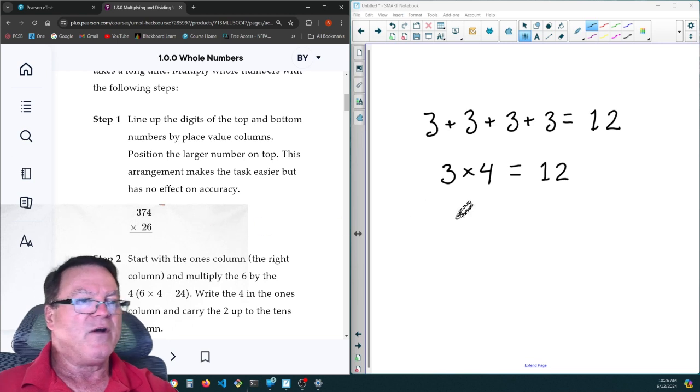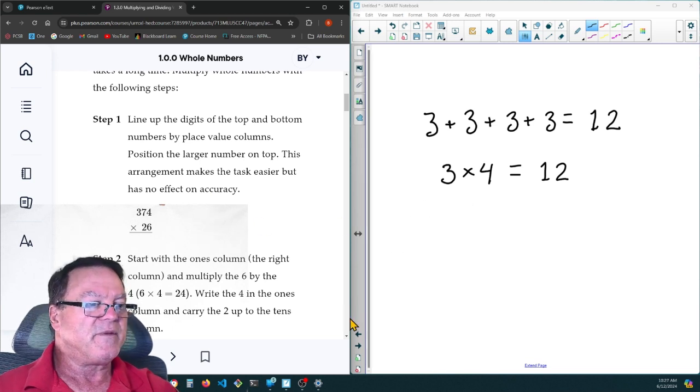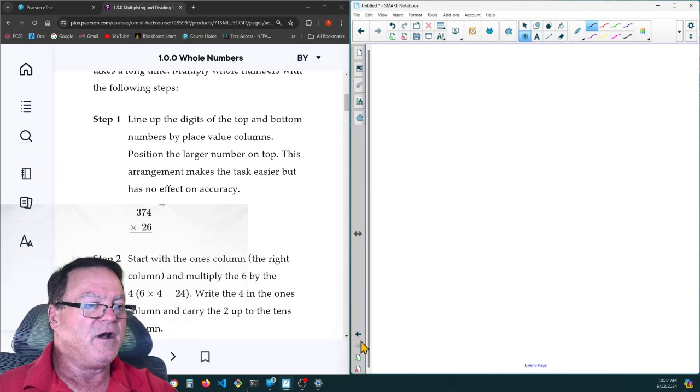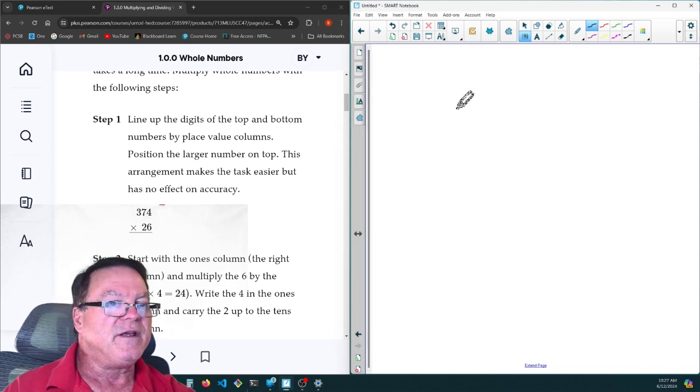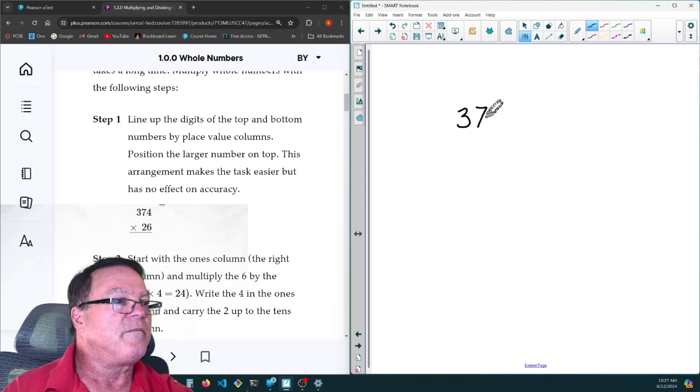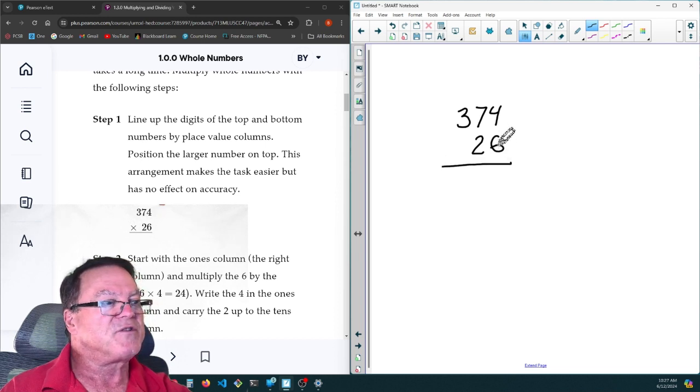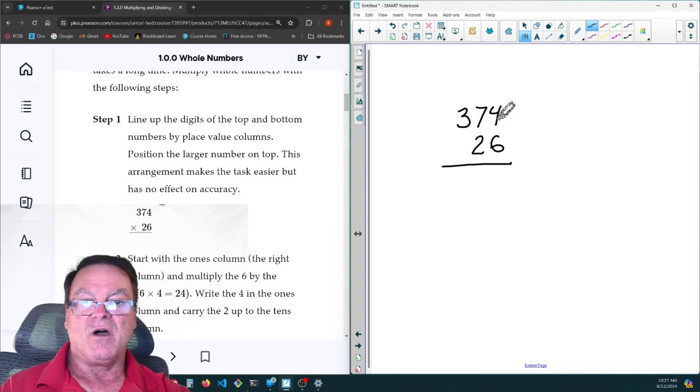So let me turn the page here. Their example is 374 times 26. So when we multiply this, we would multiply the 6 in the ones column times the 4 in the ones column.